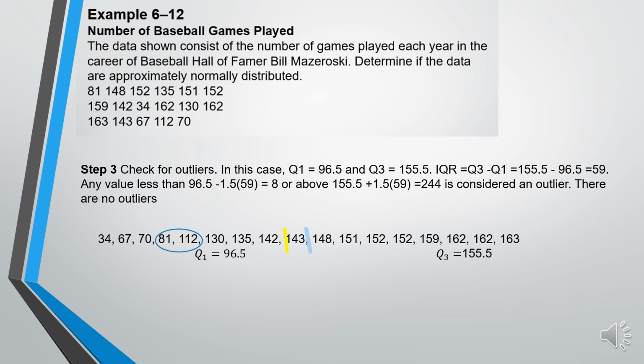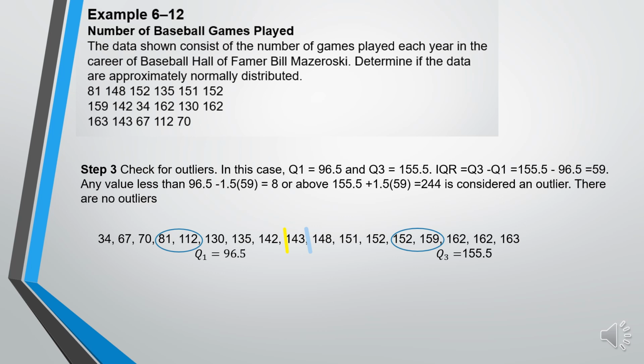Same as here on the right-hand side. The data are 148, 151, 152, 152, 159, 162, 162, and 163. The middle is 152 and 159. If we add them up and divide by 2, quartile 3 is equal to 155.5.